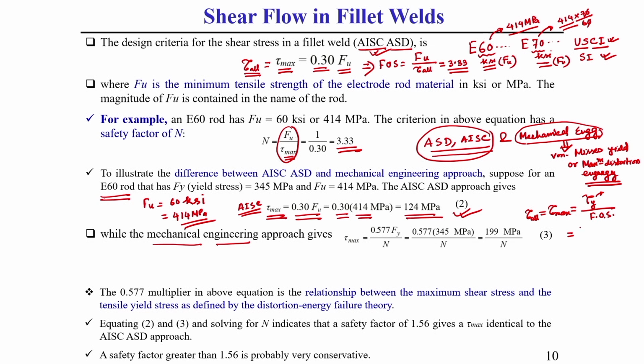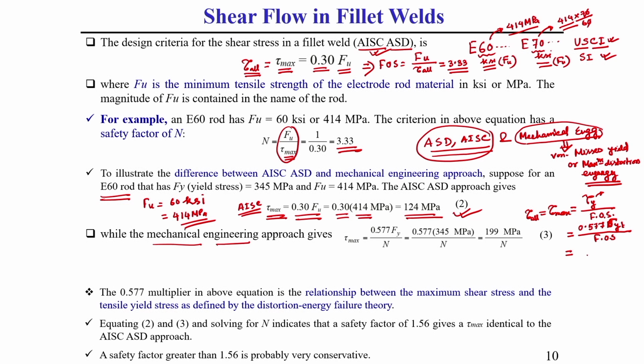Tau yield, in the case of plane stress condition, is generally 0.577 times the yield stress due to tension, divided by the factor of safety n. You should keep this in mind.